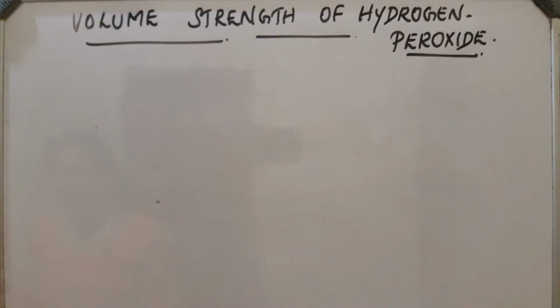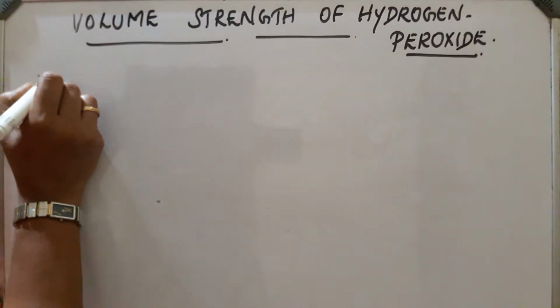Volume strength of hydrogen peroxide. Volume strength of hydrogen peroxide solution is defined as the volume of oxygen evolved at STP, in ml, that is obtained per ml of hydrogen peroxide solution. So, how can we explain volume strength?